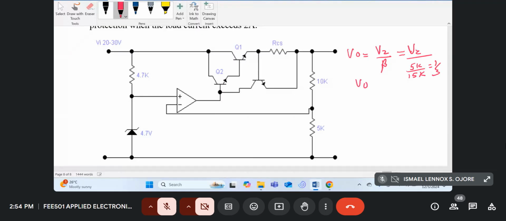So in this circuit, V0 will be 3 Vz, which is 3 times 4.7, which is 14.1. So for this circuit, the design voltage is 14.1 volts. Now the function of this transistor, let's call this transistor T3, because we have T2, so let's call it T3.